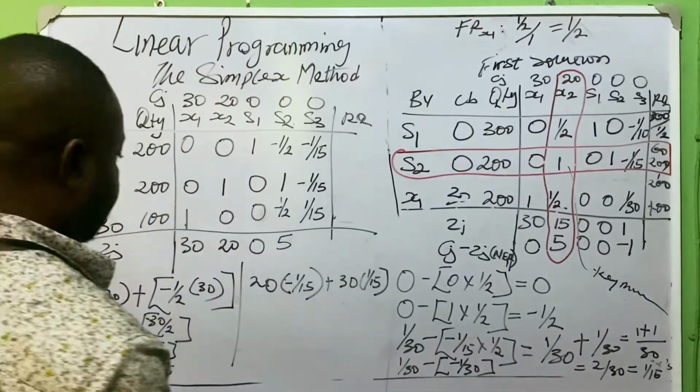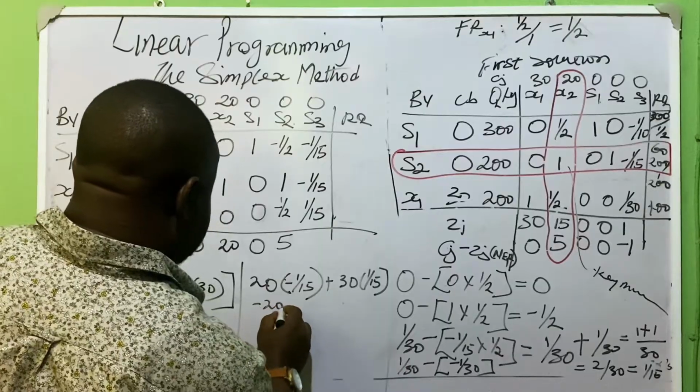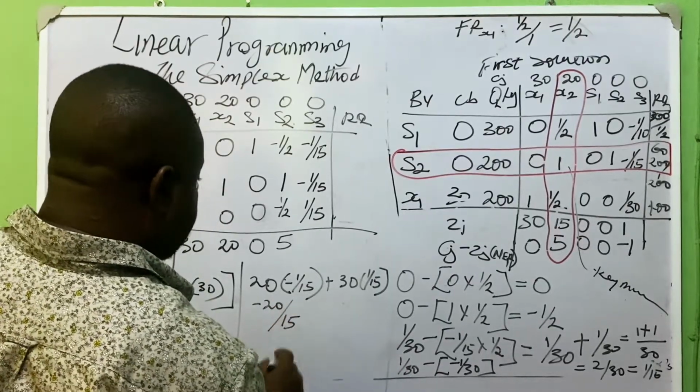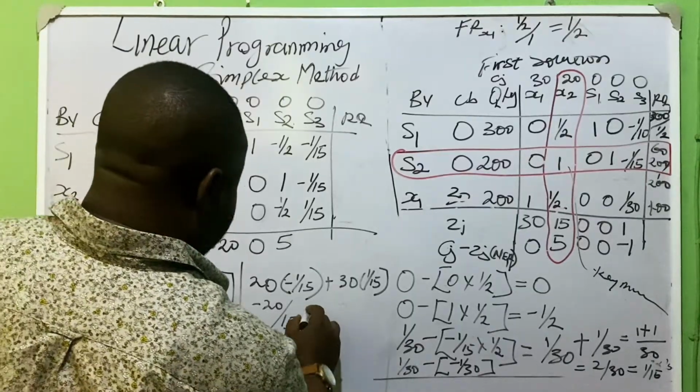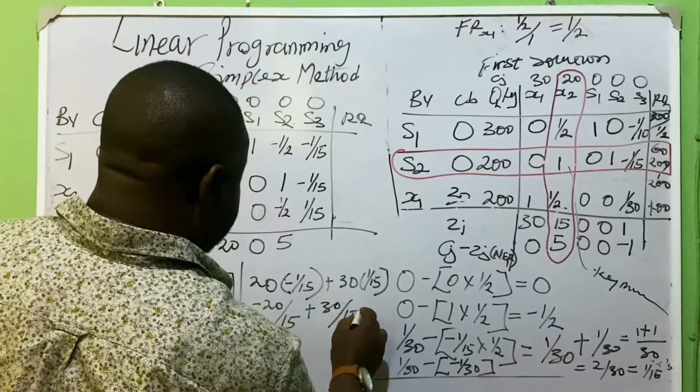So we're going to have minus 20 over 15 plus 30 over 15.